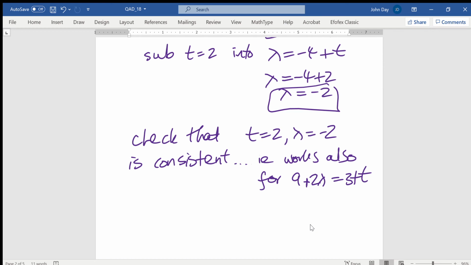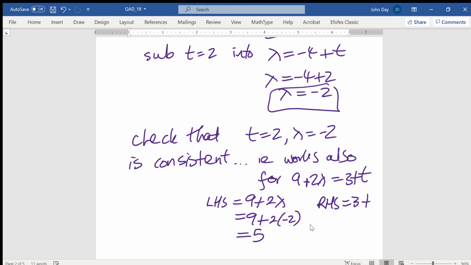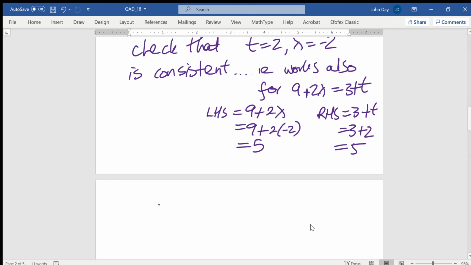The left-hand side is 9 plus 2 lambda, which is 9 plus 2 times minus 2, 9 minus 4, which is 5. The right-hand side is 3 plus t, which is 3 plus 2, which is 5. So yeah, it works. Therefore left-hand side is right-hand side, therefore the lines intersect.